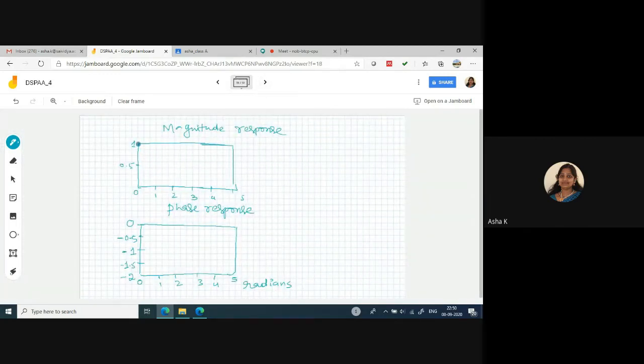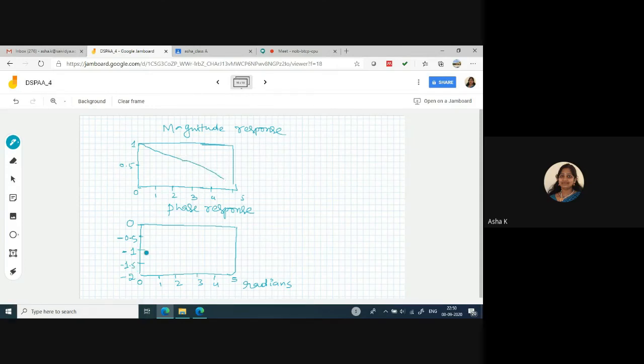The first value of the magnitude spectrum, cos 0, is 1. It starts with 1, and for different values of theta in radians, we get a curve like this. This is the magnitude response curve.